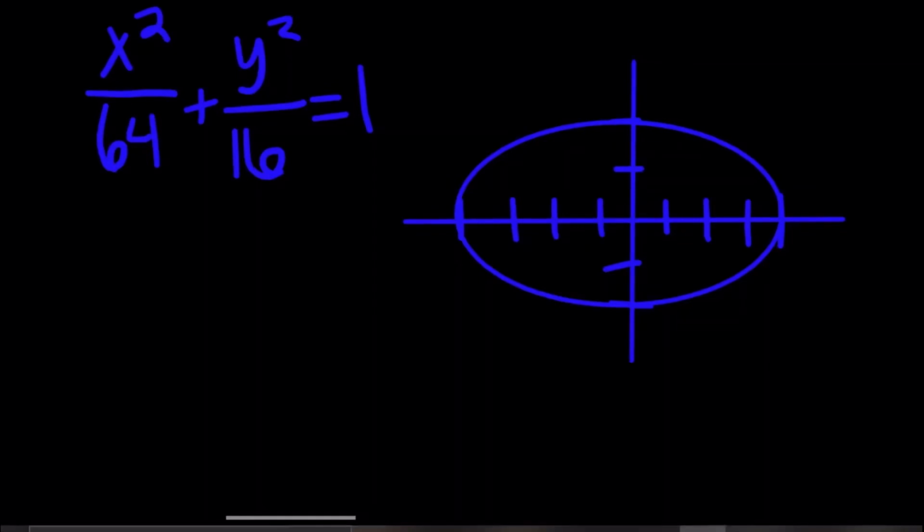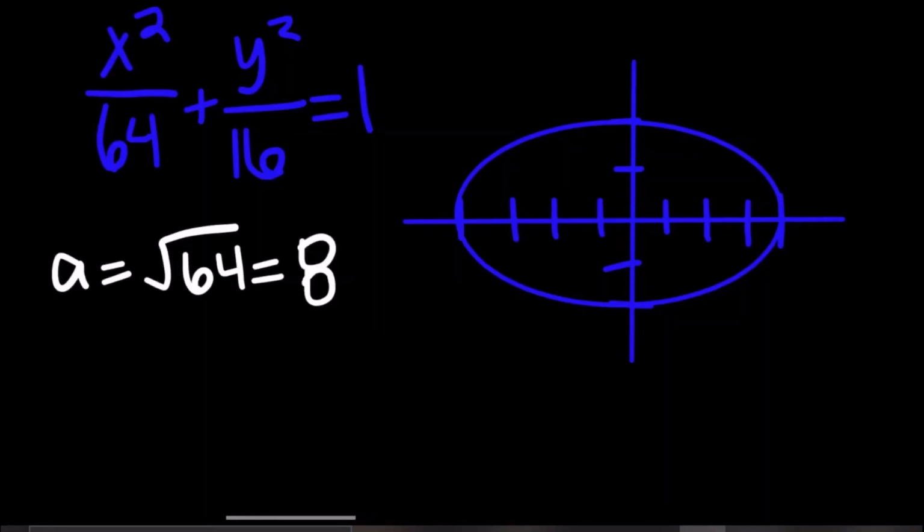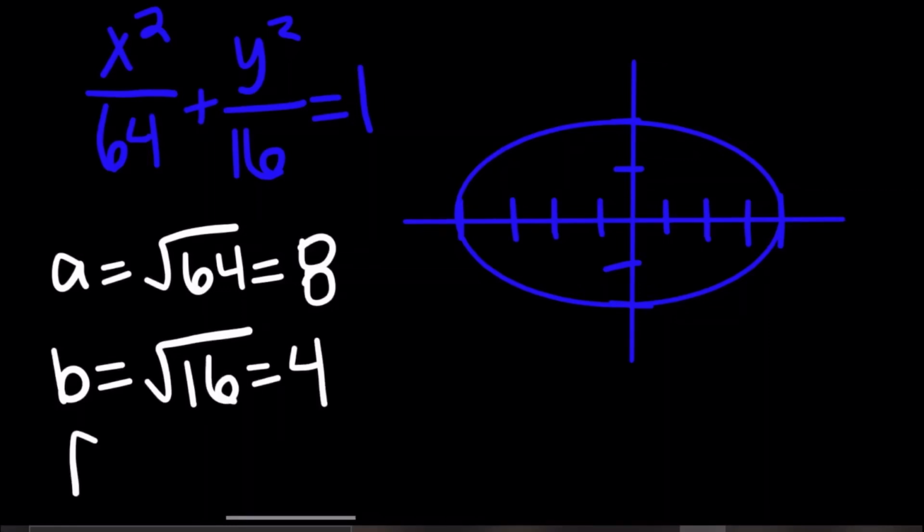You can determine that you go up 4 and 8 across on both sides of the center to determine the vertices of this ellipse. A equals the square root of 64, or 8, and b equals the square root of 16, which is 4.